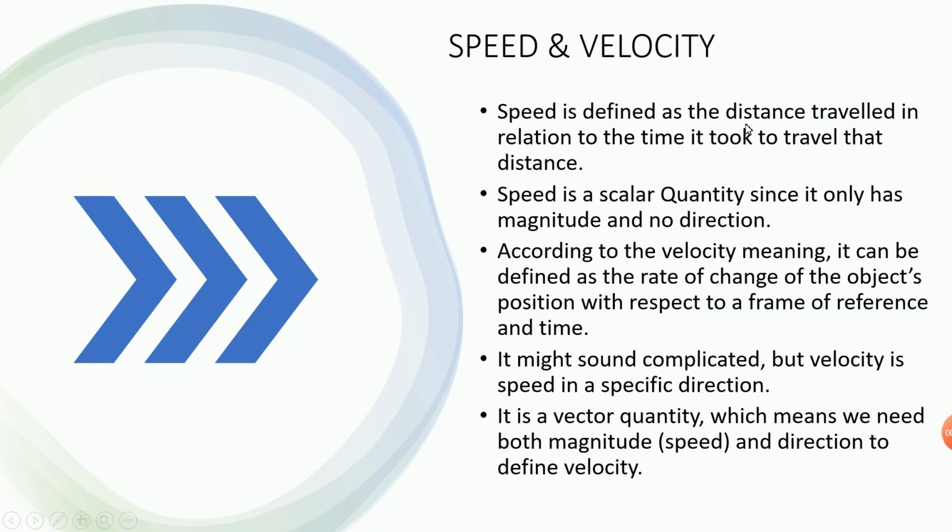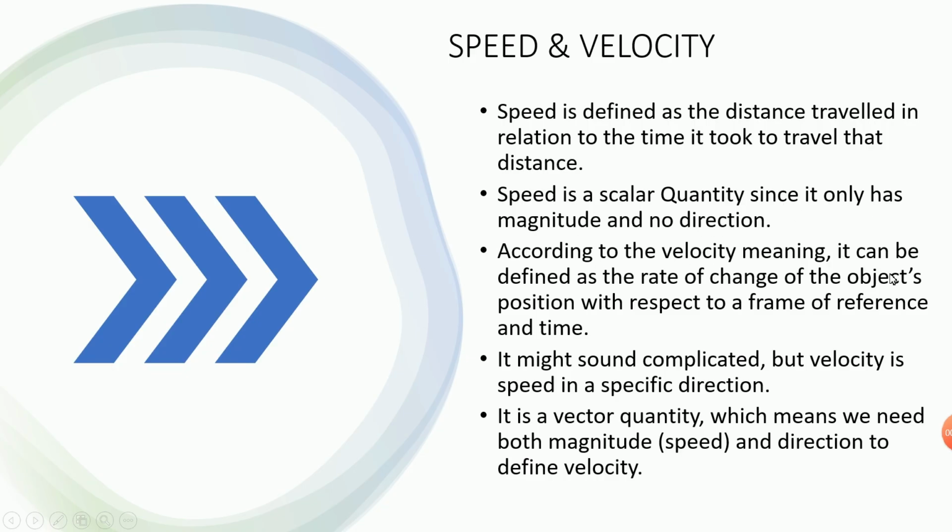Speed is defined as the distance traveled in relation to the time it took to travel that distance. Whatever time an object takes to reach a particular distance, that is known as speed. Like I said, speed is a scalar quantity since it has only magnitude but not direction.